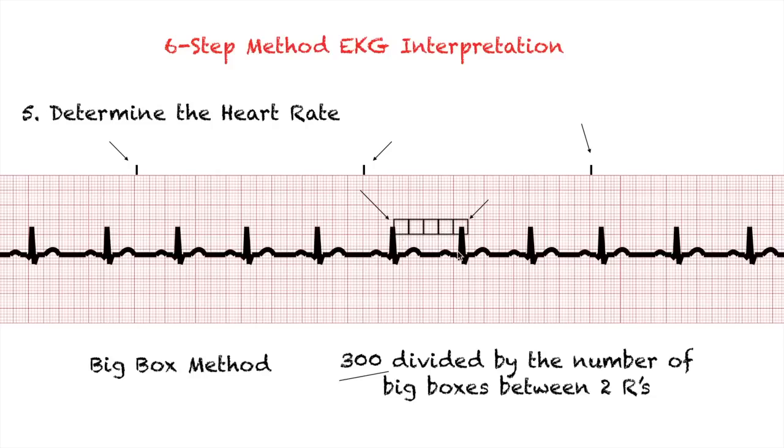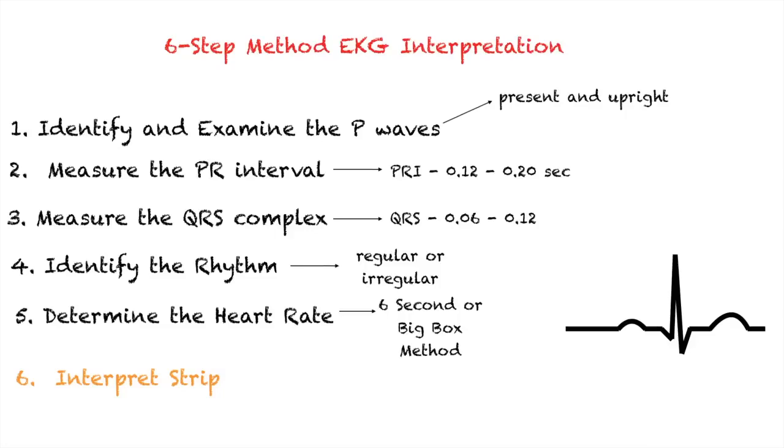And so, using the formula, 300 divided by 5, we have 60 beats per minute. This method works better for regular rhythms only. And this is actually the method that you can use if you don't have a 6-second strip in front of you. And the final step is interpret your strip.